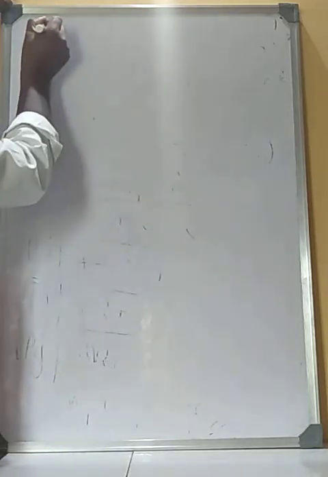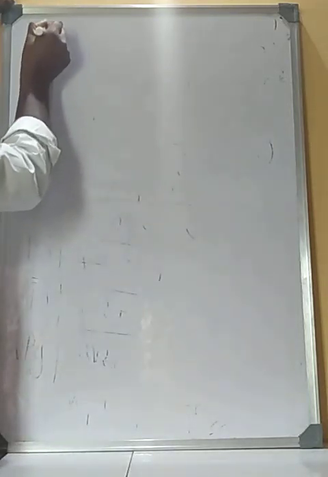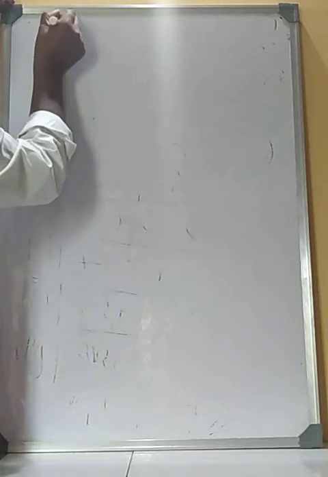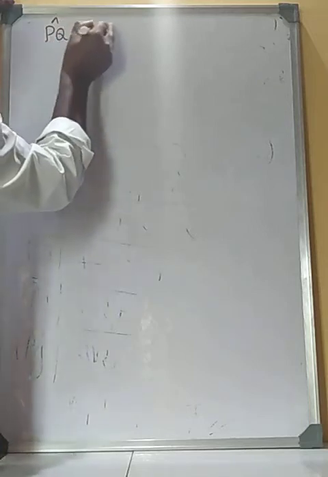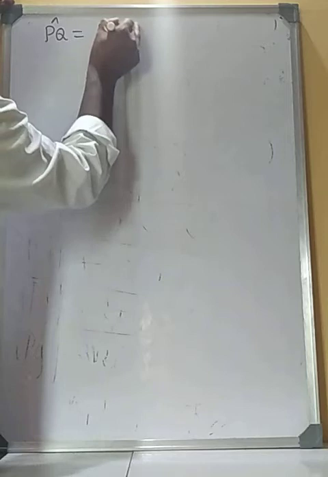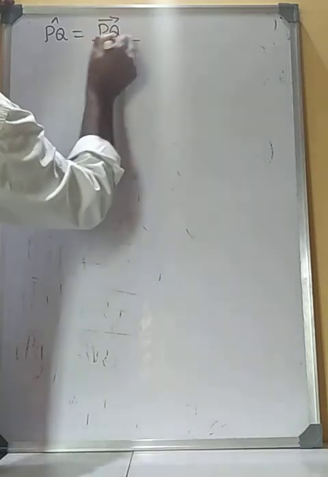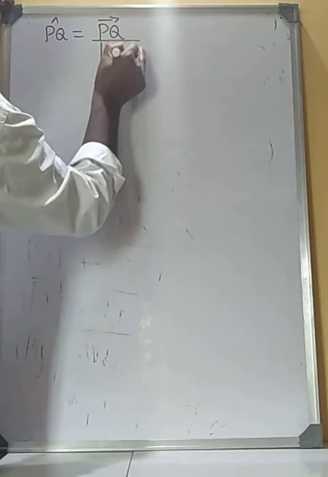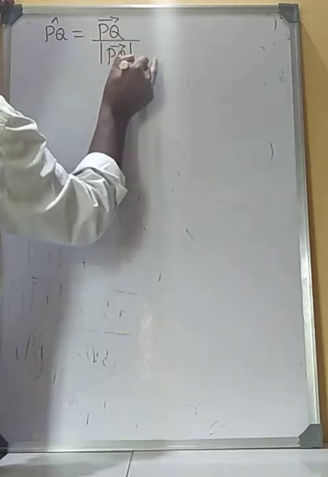The unit vector in the direction of PQ vector is given by PQ cap equal to PQ vector divided by the magnitude of PQ vector.